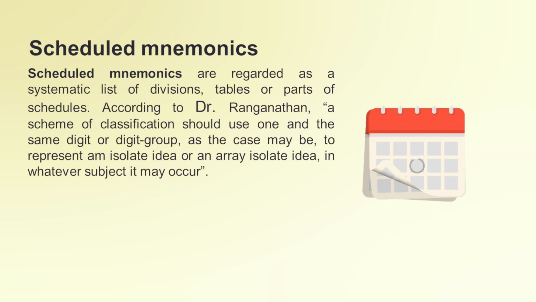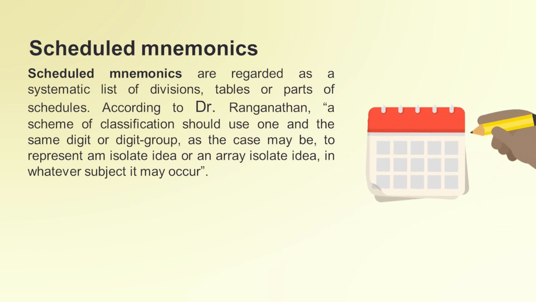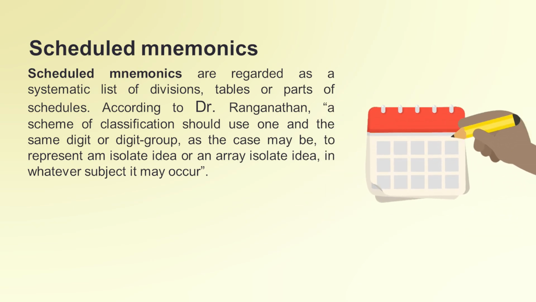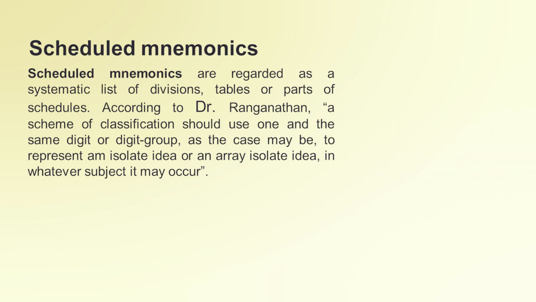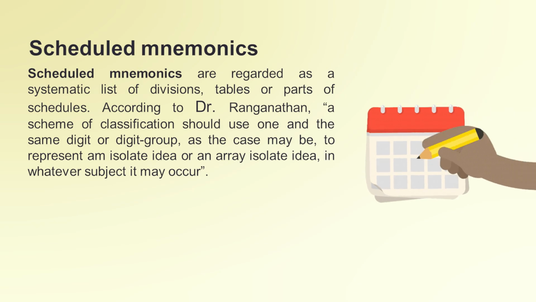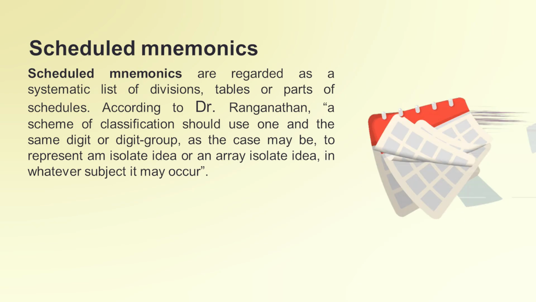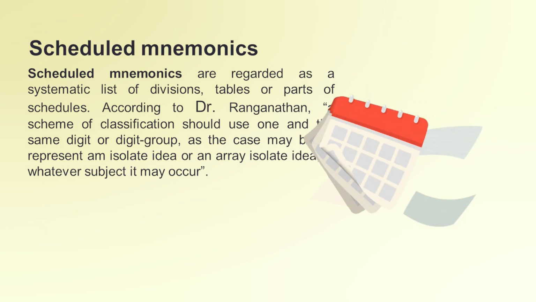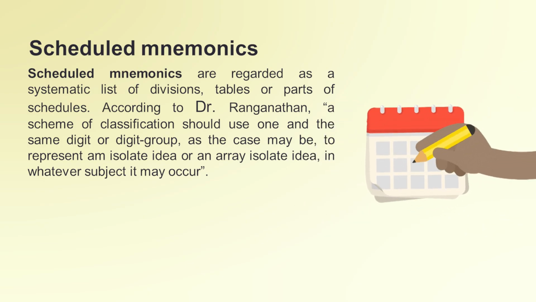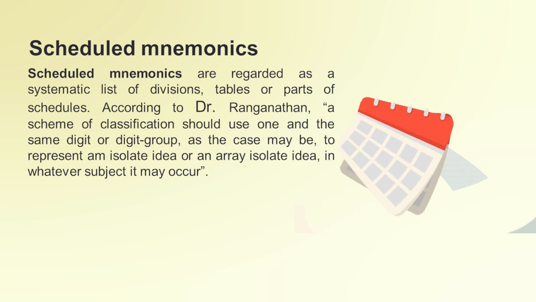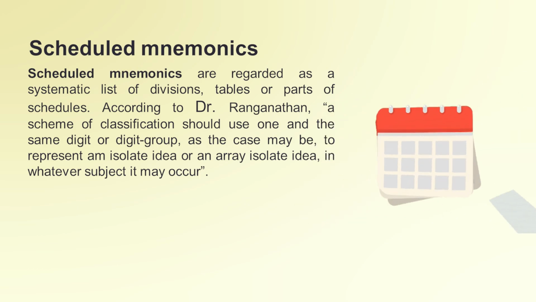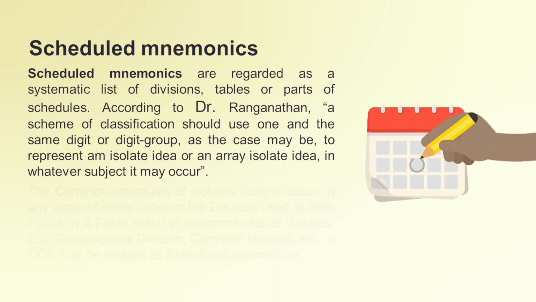Scheduled mnemonics are regarded as a systematic list of divisions, tables or parts of schedules. According to Dr. Ranganathan, a scheme of classification should use one and the same digit or digit groups, as the case may be, to represent an isolate idea in whatever subject it may occur.